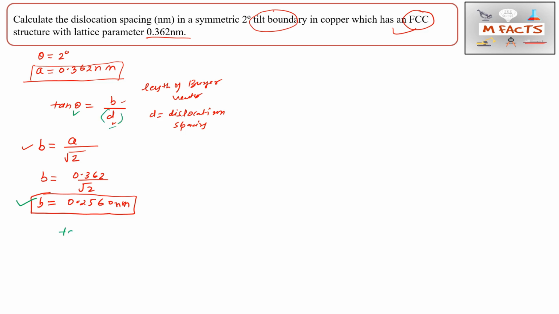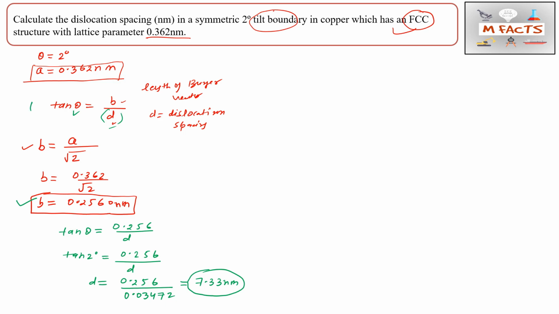So we apply the formula tan theta equals B by D: tan 2 degree equals 0.256 by D. So D equals 0.256 divided by tan 2 degree, which is approximately 0.03492. So this D value will be 7.33 nanometers. Okay, so this is one route of calculation of this dislocation spacing. This is the one formula you should remember.